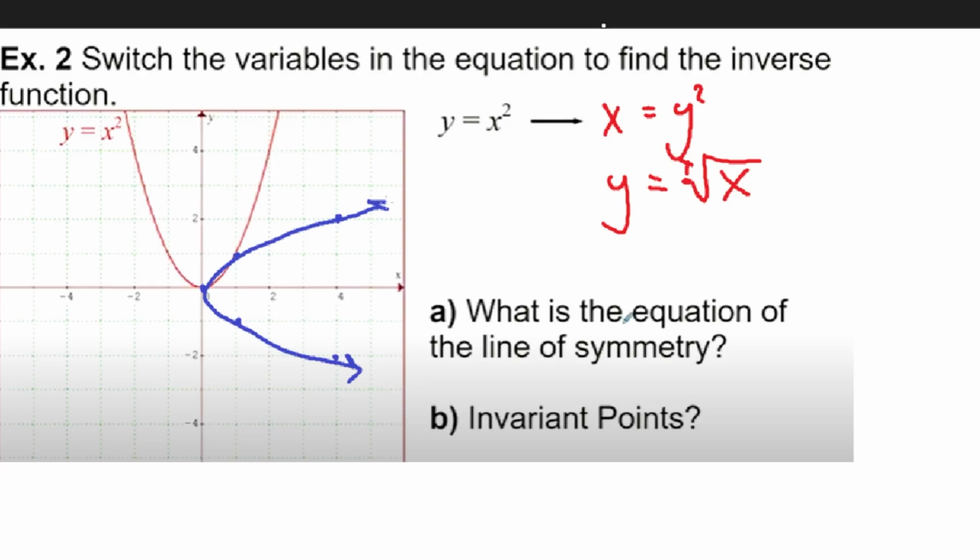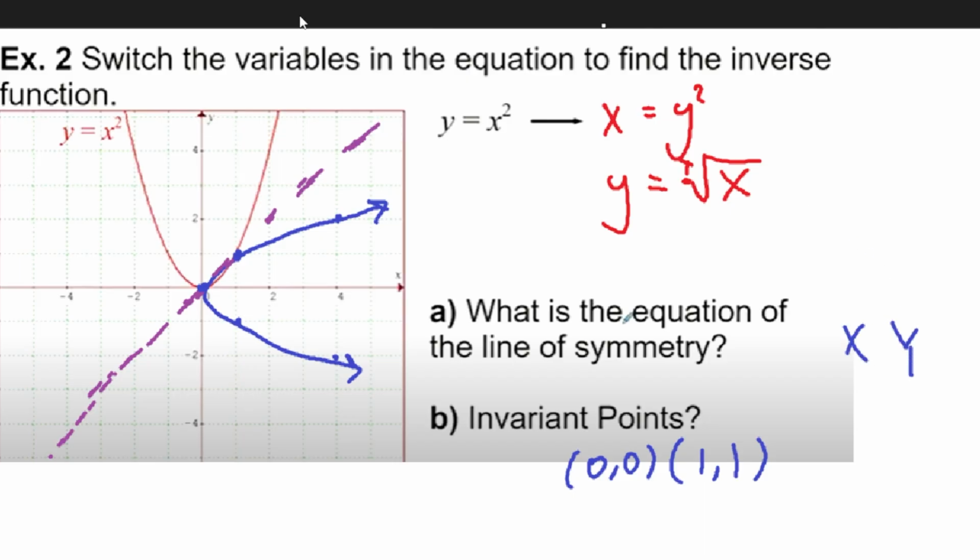Now, once again, the line of symmetry is y equals x, as we can see. Various points are on the line of reflection, and that looks like 1, 1, and 0, 0. Which makes sense because if we're swapping x and y values, swapping 1 and 1 doesn't really change much.